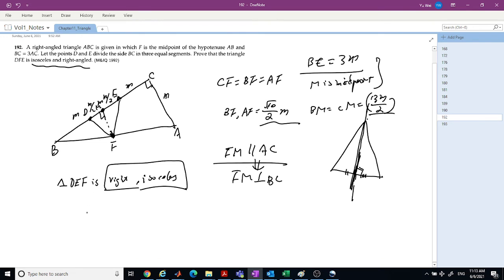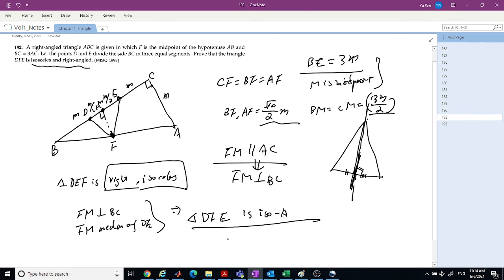So now we prove that FM is perpendicular to BC and FM is the median of DE. So now you can see the triangle DFE is an isosceles triangle with DF equal to EF.